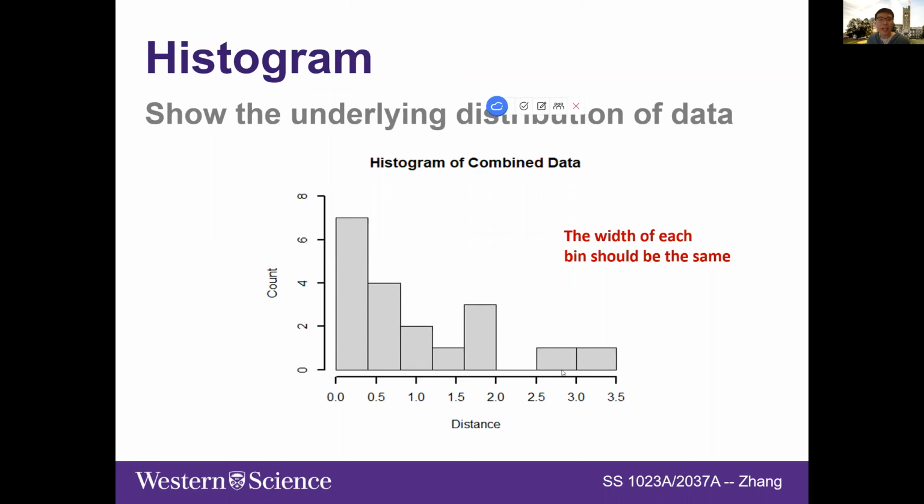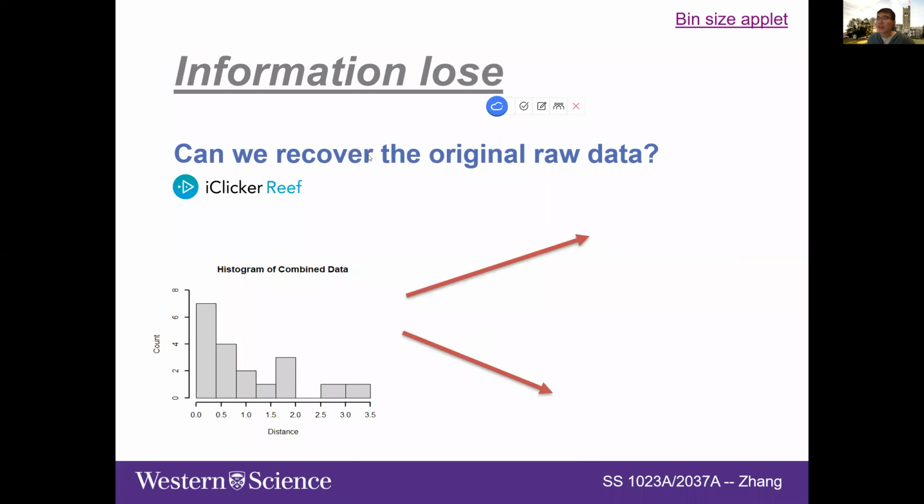Another important thing is that the width of each bin should be fixed, because otherwise the comparison is basically unfair. In this way, we will tell how our data set is clustered in different positions. So here, I would like to get a very quick poll: can we recover the original raw data set from this histogram?